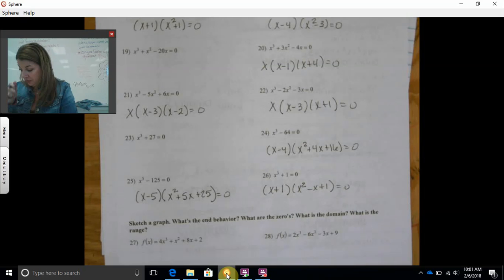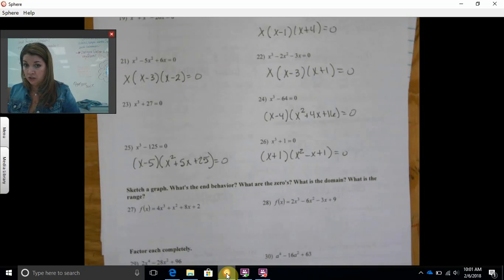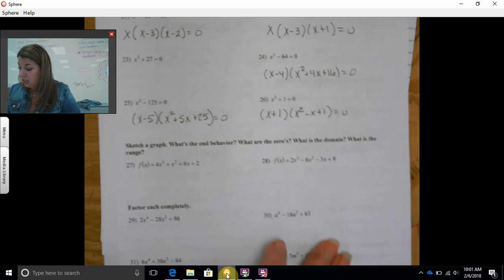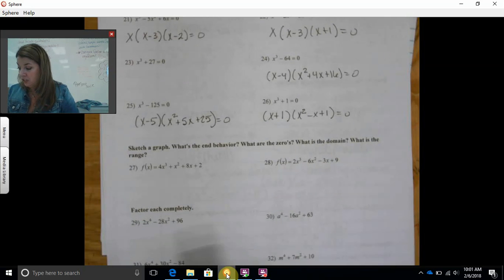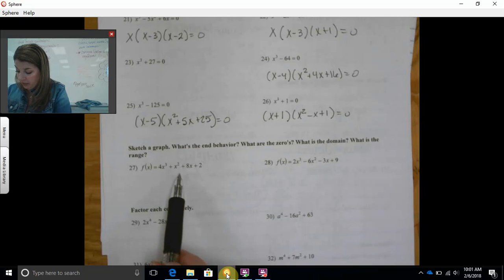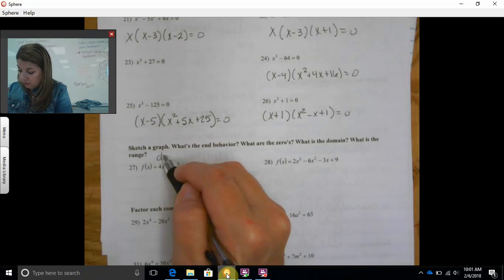27 and 28, you have to sketch a graph. I just spent a lot of time going over the homework on sketching graphs. So if you weren't here for that lesson, I would go watch the video if I were you. It's 10 o'clock already. Let me see how much time I have, but I'm probably not going to get to it. But real quick, 27, what would your end behavior be? Down and up.